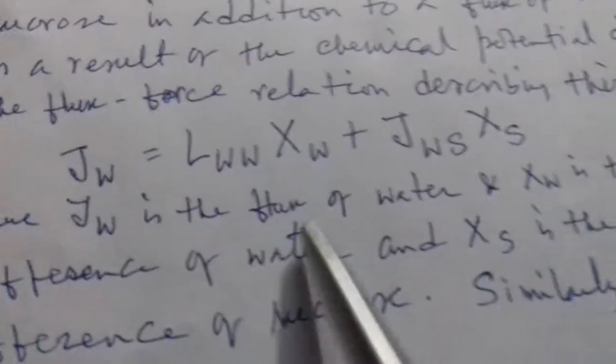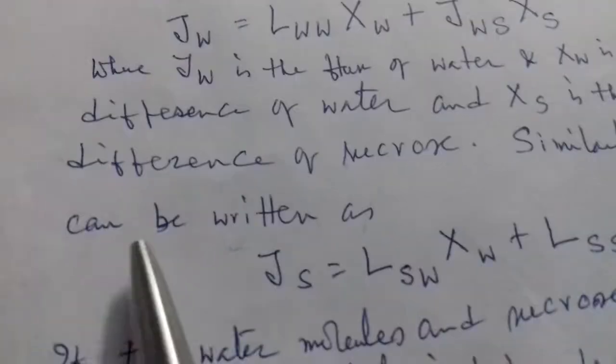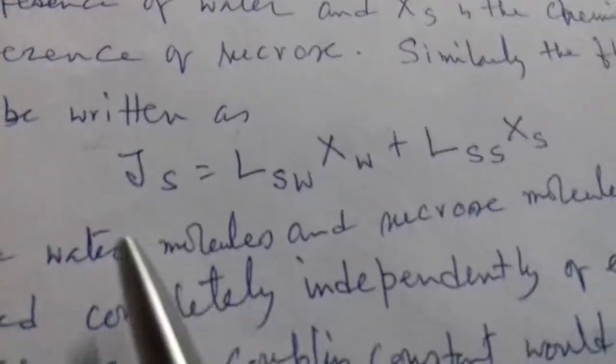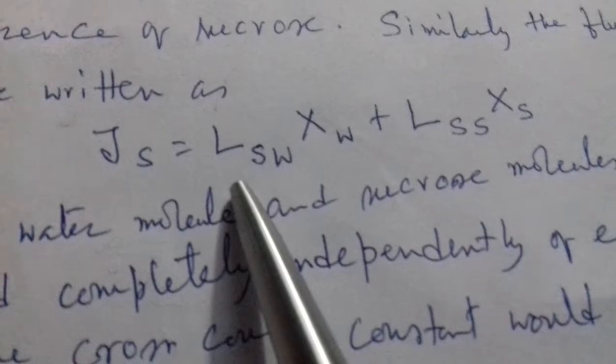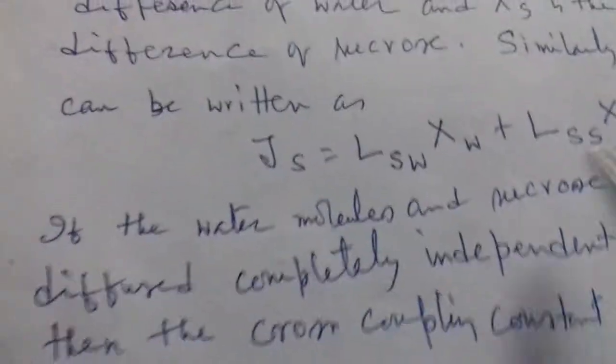Here JW is the flux of water, XW is the chemical potential difference of water, and XS is the chemical potential difference of sucrose. Similarly, the flux of sucrose can be written as JS equal to LSW XW plus LSS into XS.